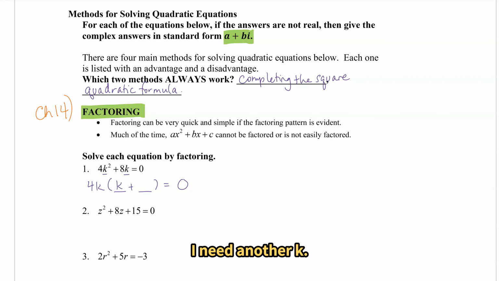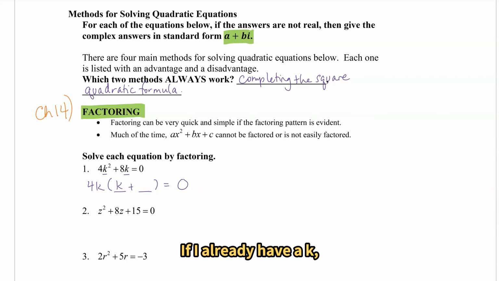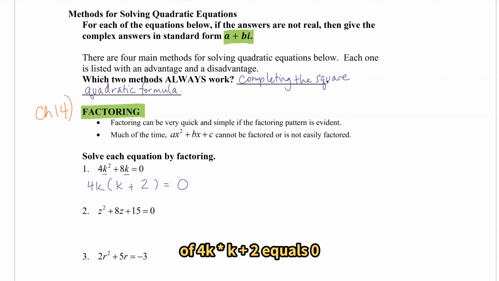I need another k. And what do I multiply 4k by to get 8k? If I already have a k, I don't need another one. 4 times 2 will give me 8. And so we have our factored form of 4k times k plus 2 equals 0.